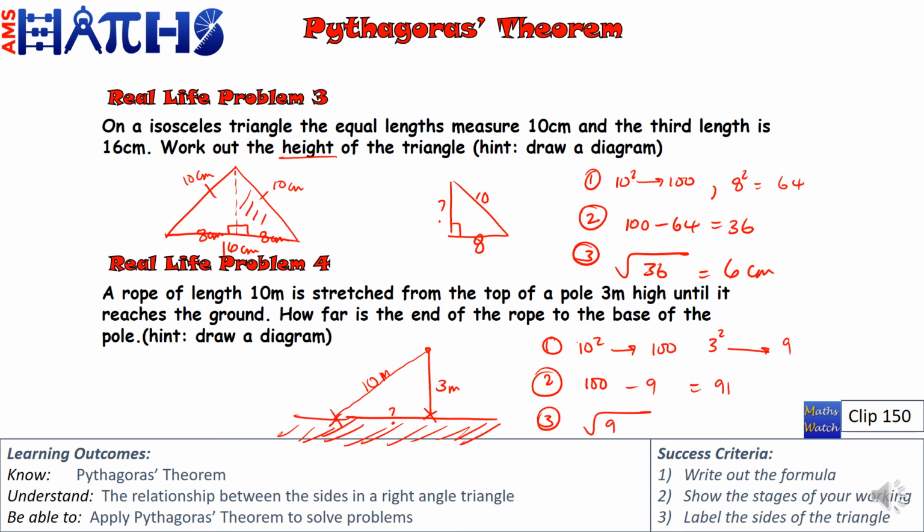And then our last step is to find the square root of 91. So let me work that one out. Alright, and if I round the answer in my calculator to 2 decimal places, I get 9.54 meters, okay? So that's the length that we're looking for.